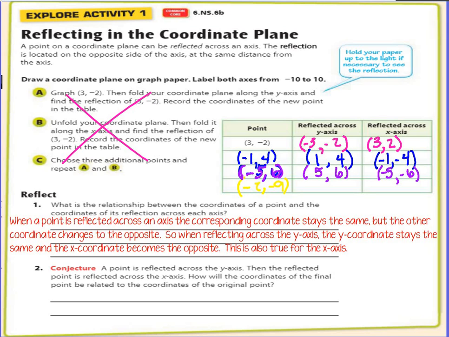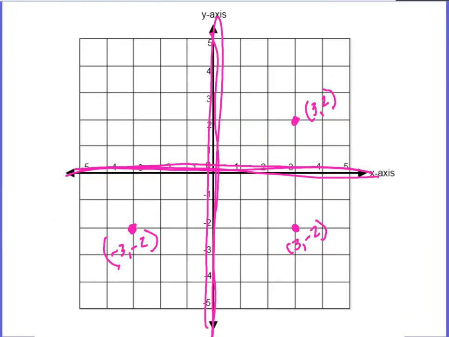So if I go to (-5, 6), well actually, we'll just make it (-5, 5) since I ran out of space on here. Here's -5, oops, silly me, (-5, 5).